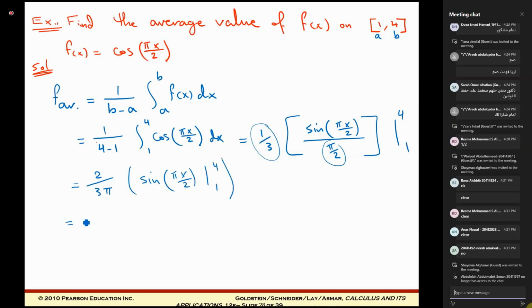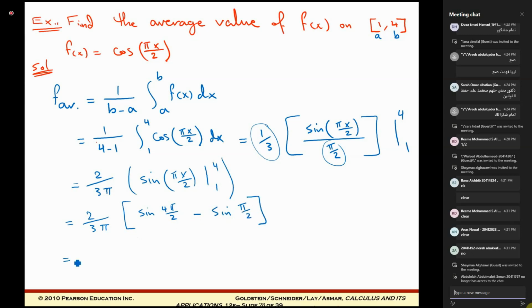This equals 2 over 3 pi. Substitute the 4, so we have sine 4 pi over 2, minus substitute 1, sine pi over 2.